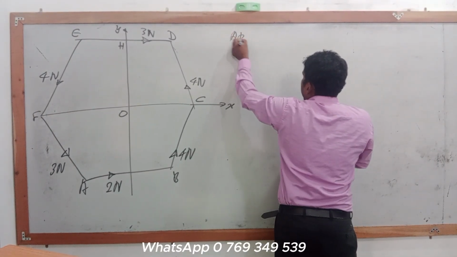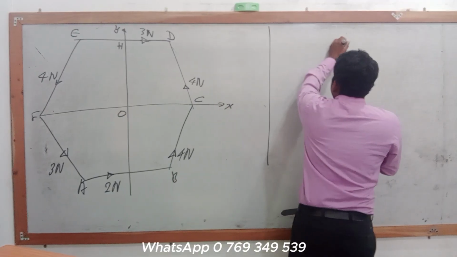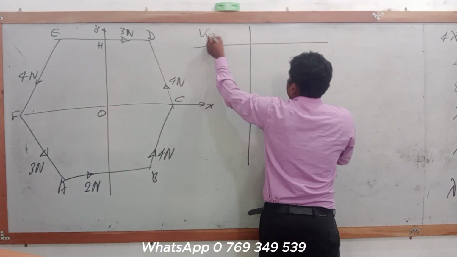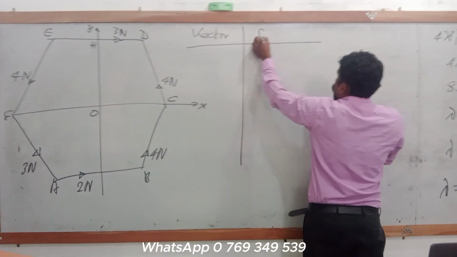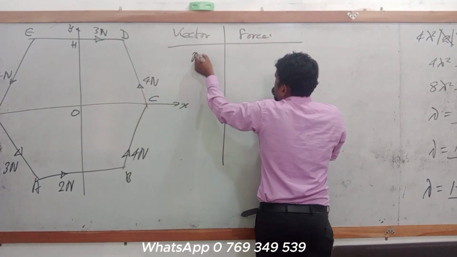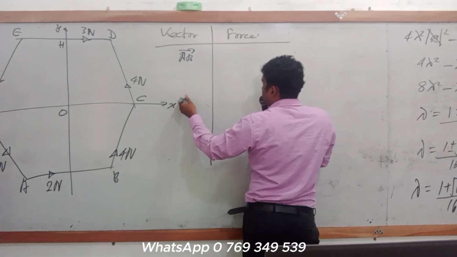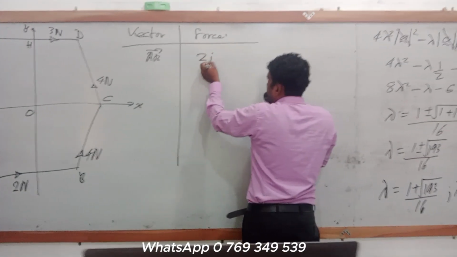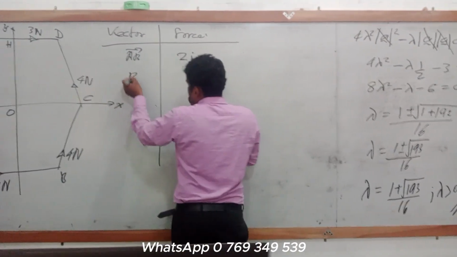AB, here vector AB and force. What about the force? This is the i direction, no? 2i, and vector BC.